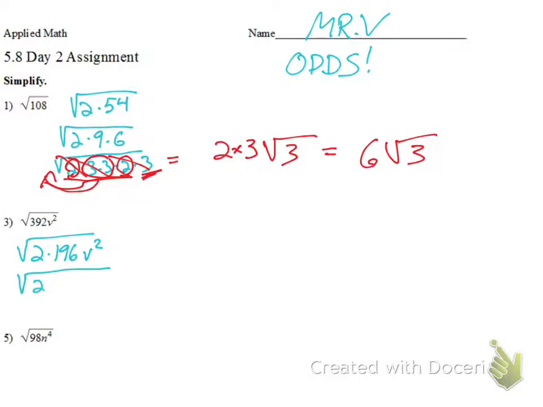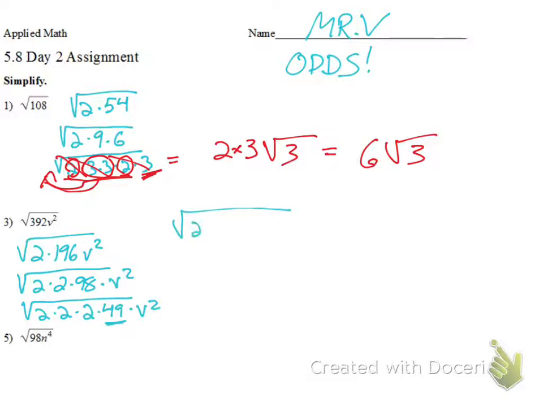196 divided by 2 equals 98. So that's 2 times 98 times v squared. 98 divided by 2 is 49. So that's going to be 2 times 2 times 2 times 49 times v squared. Now I know 49 is 7 times 7, so I can rewrite that.